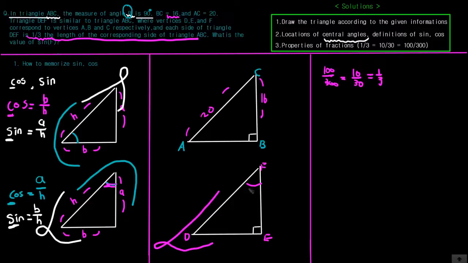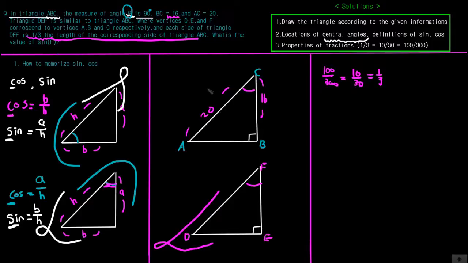So either one will be okay, but if we think about it in terms of multiplying by 1/3, it will take a lot of time and is wasting time. So we can think about it in this way. It is a similar triangle, which means angle F and angle C are the same. Then we can take the sine of it, which starts at the location of the central angle. Central angles are important because they define the sine and cosine.